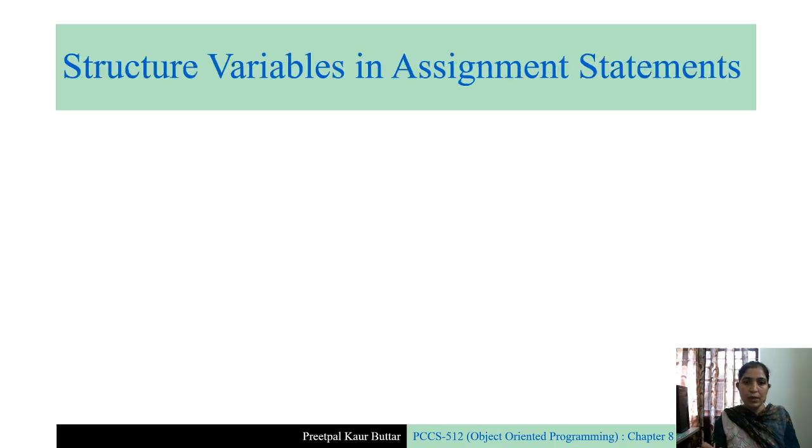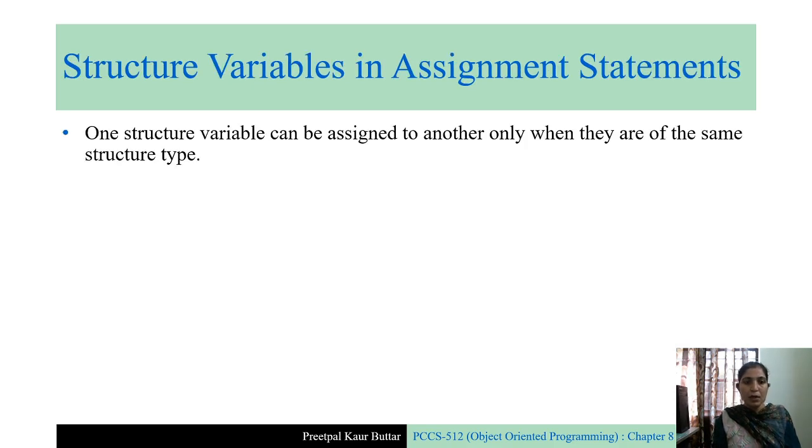Moving forward. What we did in the previous example, we assigned structure variables to one another. One structure variable can be assigned to another only when they are of the same struct type, as we examined in the example.